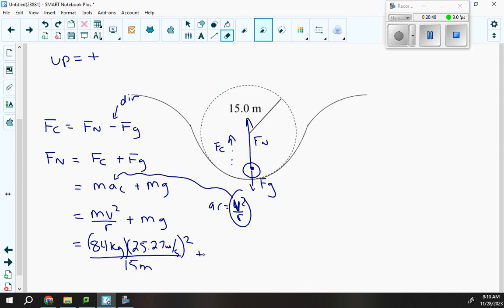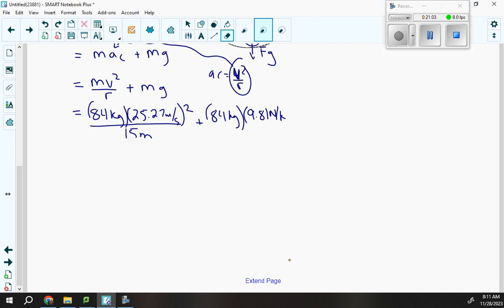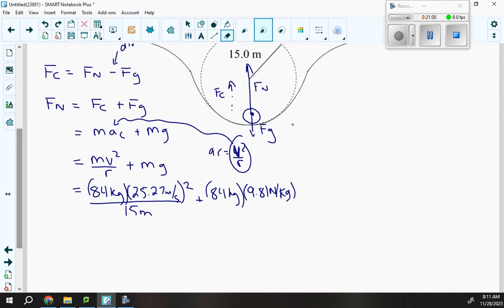And then we want to add to that m times g, so that is 84 kilograms times 9.81 newtons per kilogram. And that side of the smartboard is not working at all, so let's move this way up. And then all we have to do is crunch some numbers here. So 84 times the answer squared divided by 15, plus 84 times 9.81.